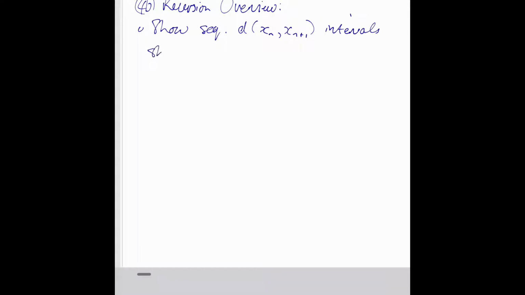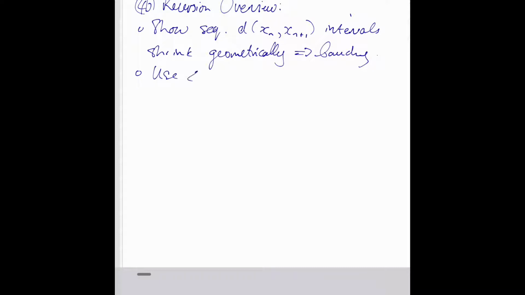So getting into 4b, recursive part of the theorem in overview. Firstly, we will show that the sequence of x intervals shrink, so subsequent intervals are shorter, and in fact they shrink geometrically, which implies they form a Cauchy sequence.